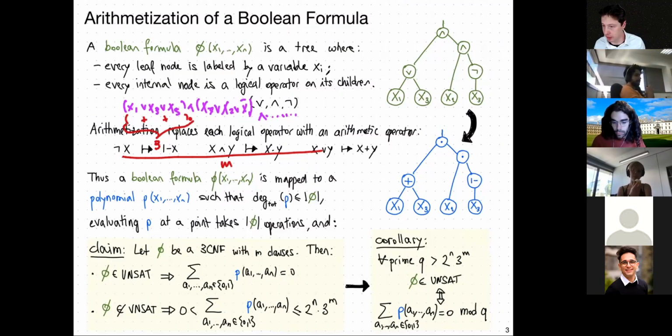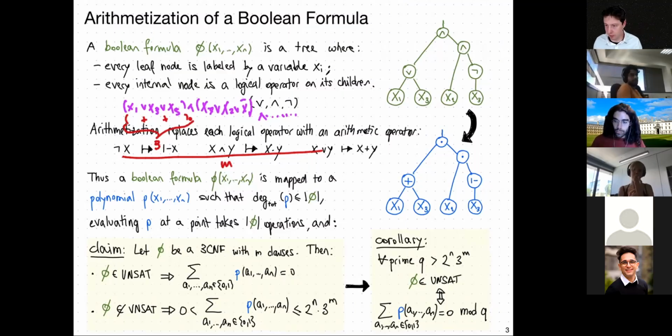All right, so there's a question by Yotam. I think Tal gave the right answer that we are currently considering 3 CNFs, not general expressions.